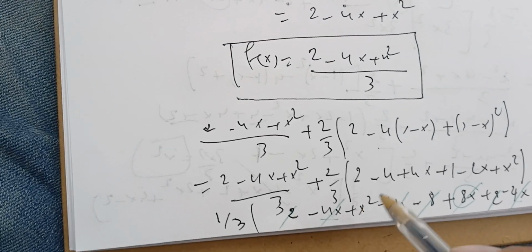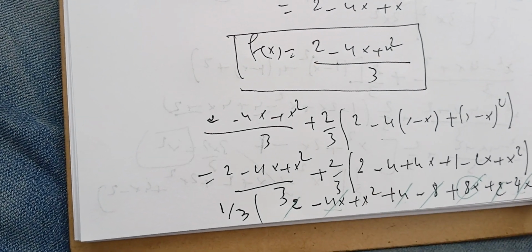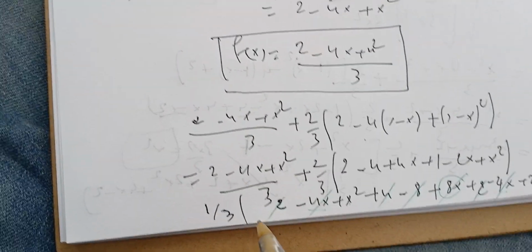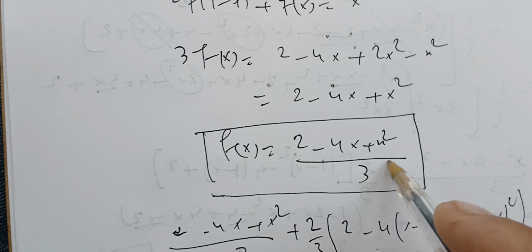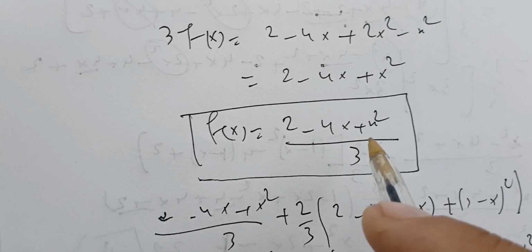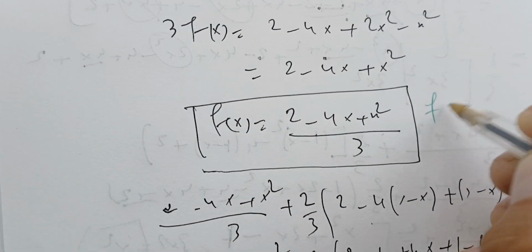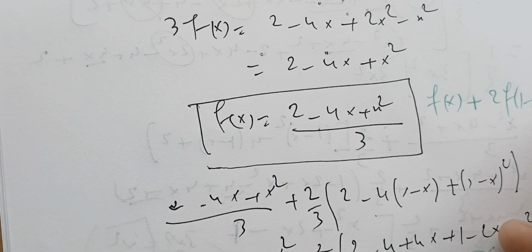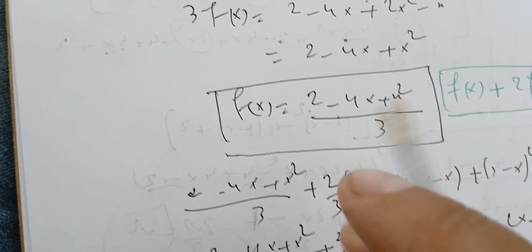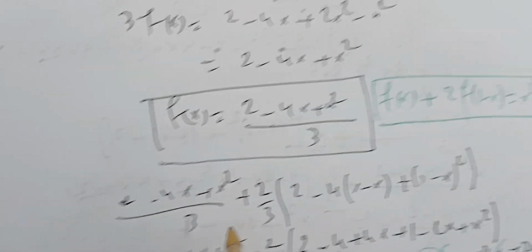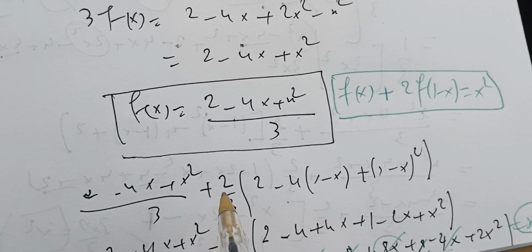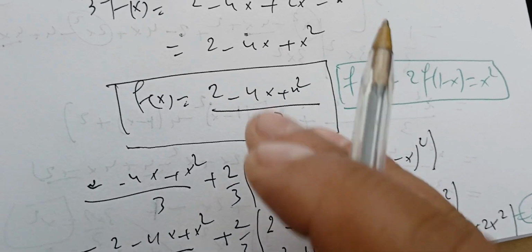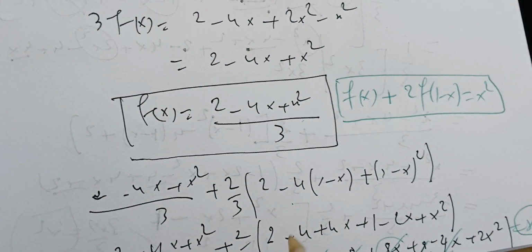And finally we have x squared plus 2x squared over 3, which is x squared. So we verified that this solution that we found satisfies the functional equation that we have. It satisfies this one and that one. Therefore, this is the solution for this equation. Okay, this is one of the techniques that we use. We'll add more in the next few videos.